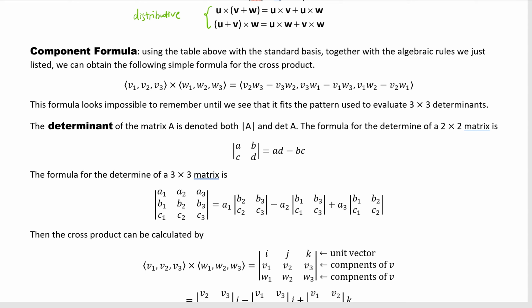It looks impossible to remember, but we can see how it fits the pattern when we evaluate 3x3 matrix determinants. If you have taken linear algebra, then you probably know how to calculate determinants.